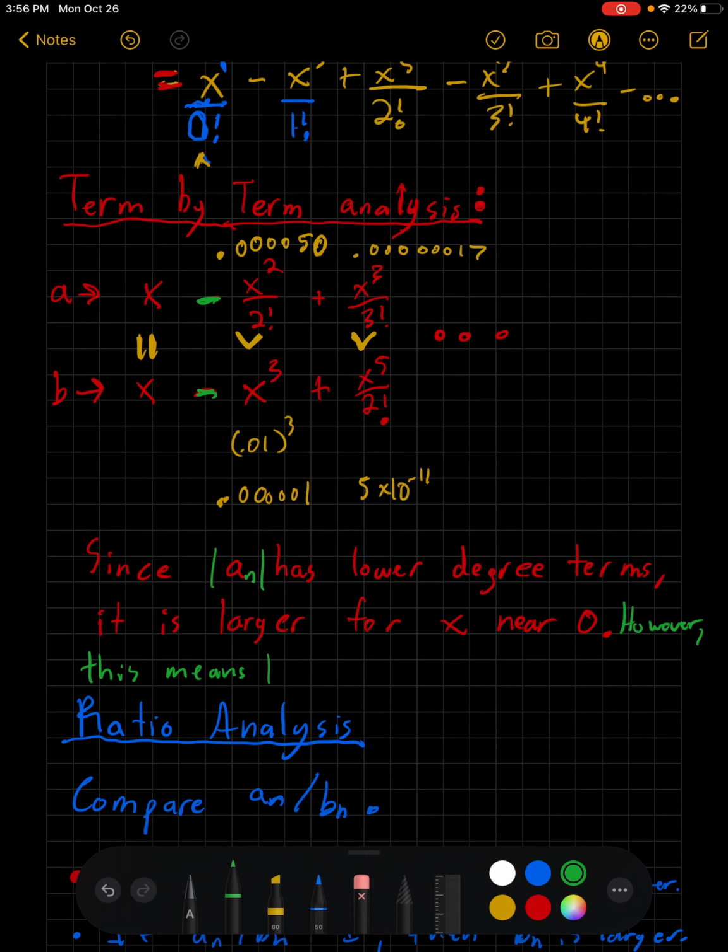this means that the negative absolute value of a sub n is actually going to be less than the negative absolute value of some b sub n.